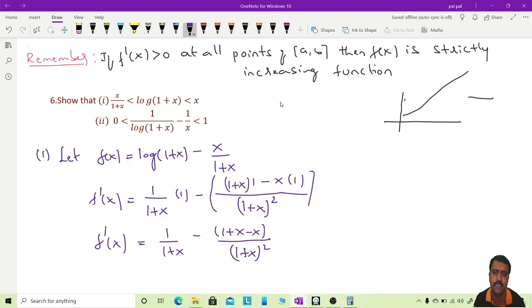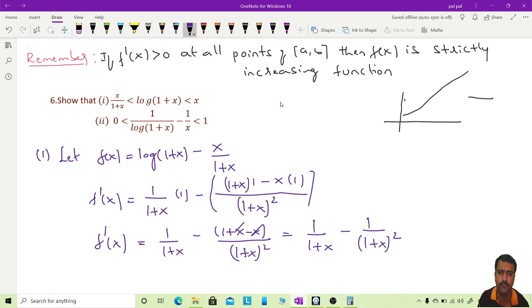This x and x cancel. Remaining is 1 by 1 plus x whole square, so it is 1 by 1 plus x minus 1 by 1 plus x whole square.